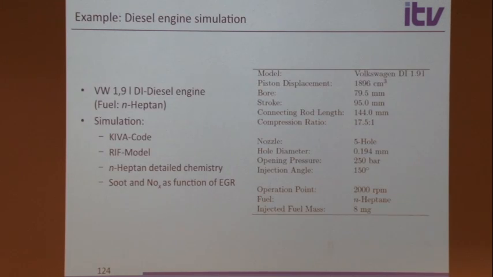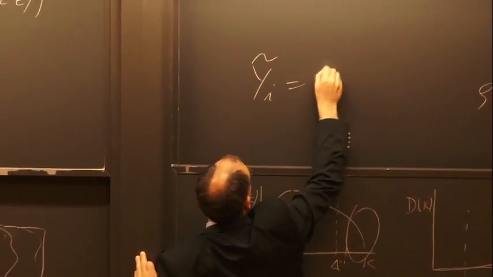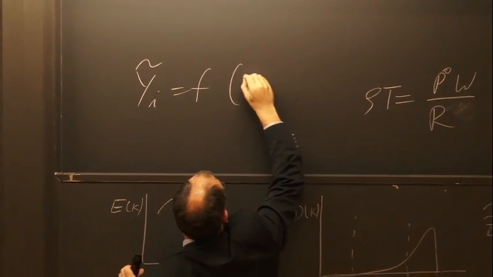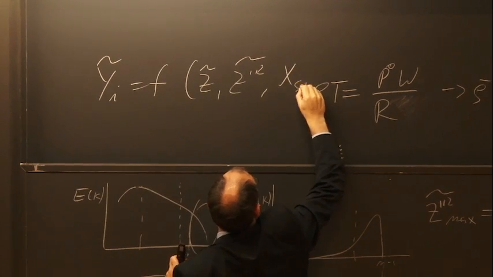So that is what we call then a Flamelet library. A Flamelet library really is solving these steady-state equations and then evaluating this integral for all possible combinations of mean mixture fraction, mixture fraction variance, and stoichiometric dissipation rate, and then you get a table that looks like this: Yi as a function of Z mean, Z variance, and stoichiometric dissipation rate.